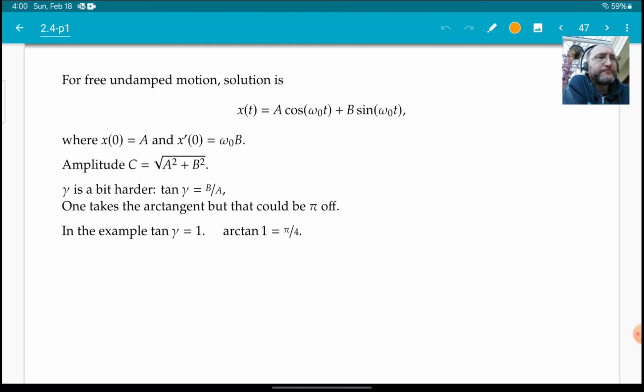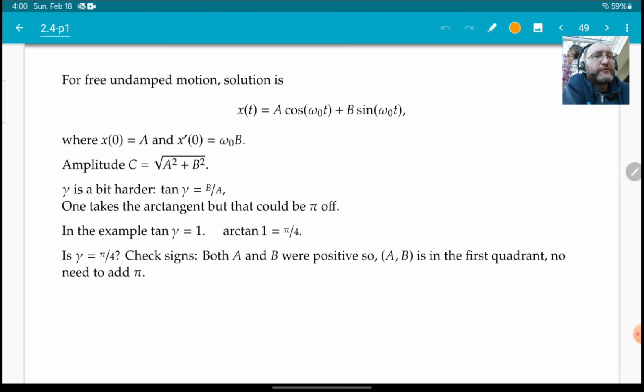In the example, a and b were equal, both 0.5. So the tangent of gamma was 1, and the arctangent of 1 is pi over 4. So is gamma pi over 4? Well, we still have to check which quadrant we are in. A and b are both positive.